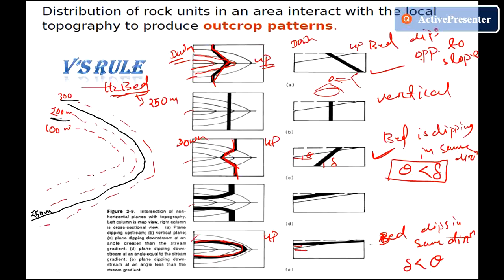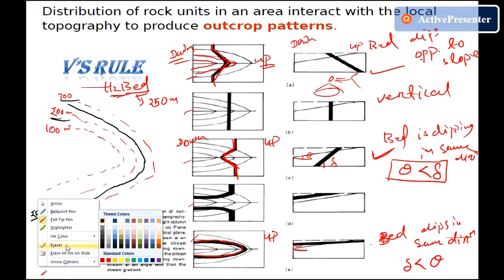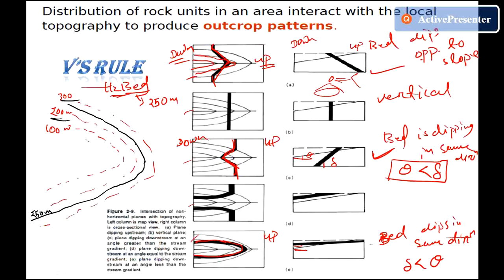Because if I draw a bed like this, that means at this point it is having 100 meter elevation, at this point 200 meter elevation, at this point 300 meter elevation, here 300 meter, 200 meter and 100 meter.